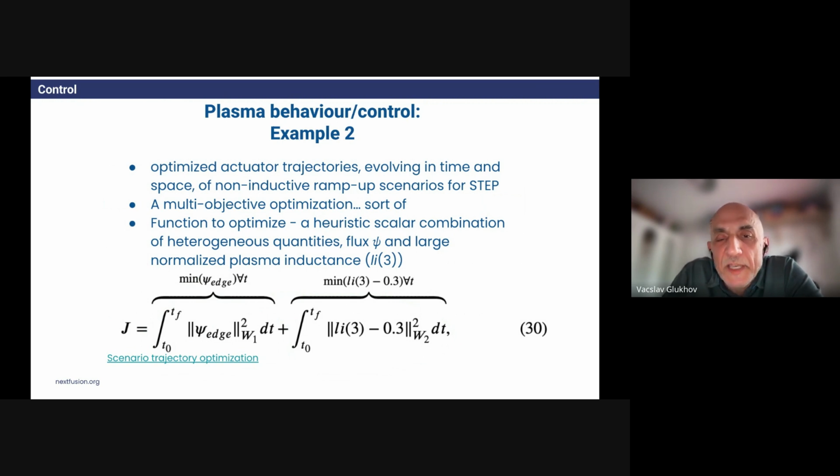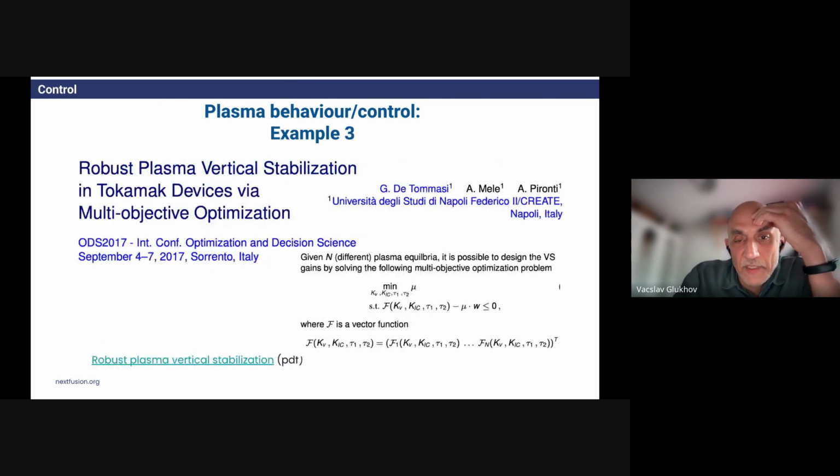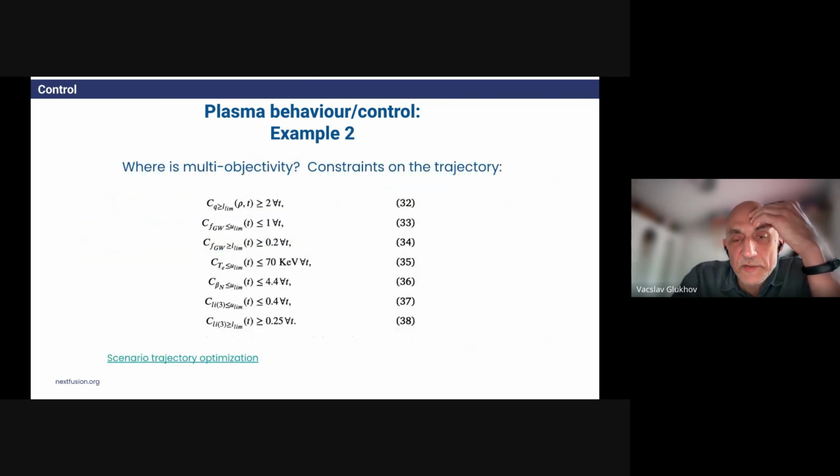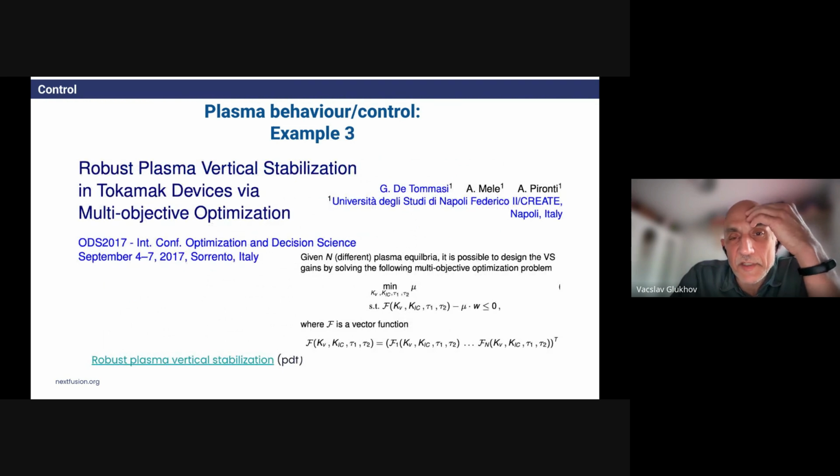It's not self-evident that they should be combined this way and not some other way. And this is another objection against turning a multi-objective optimization into a single scalar objective function. Okay, so this is their constraint space, also very interesting.